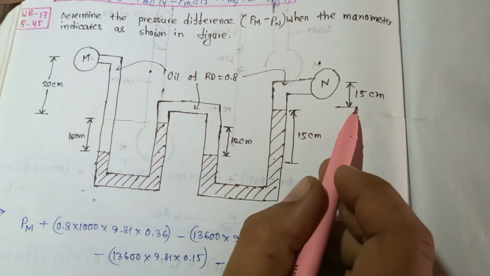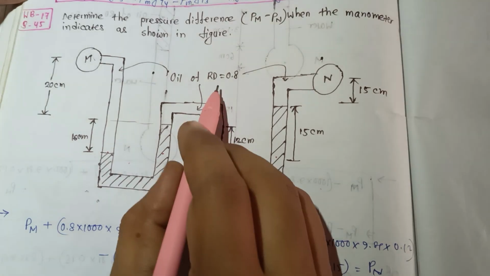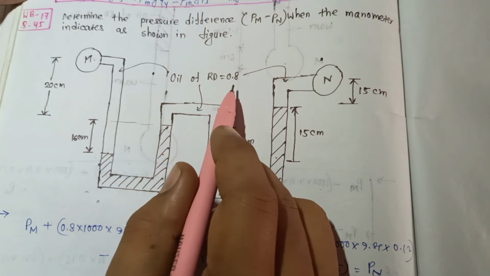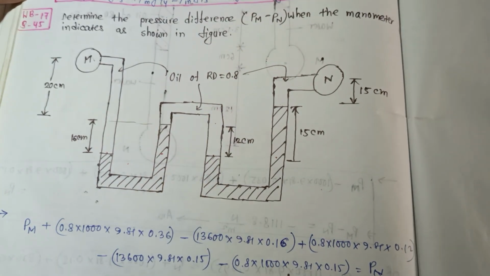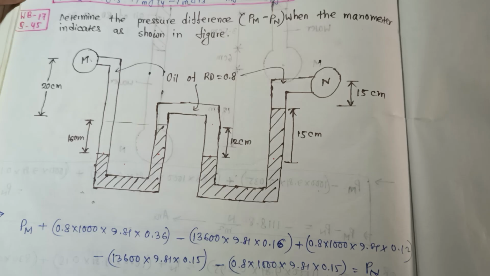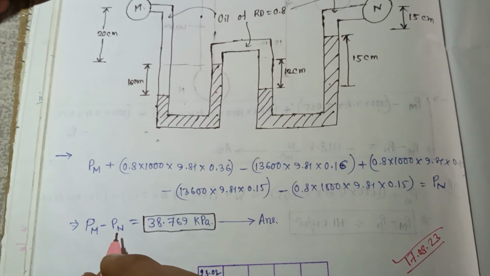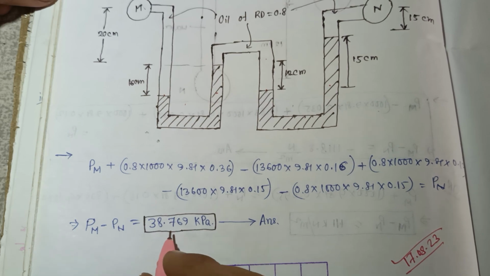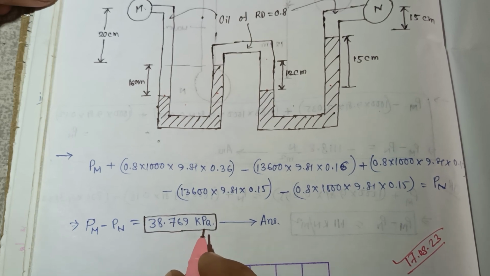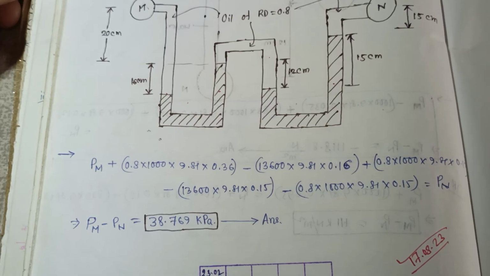Here to here the distance is 15 centimeters, so minus of 0.8 into 1000, because the relative density is given as 0.8, so you multiply it by the density of water, 1000 into 9.81 into the distance, 0.15 meter, and that is equal to Pn. So Pm minus Pn is equal to 38.769 kilopascal. So this is all about the multi U-tube manometer.